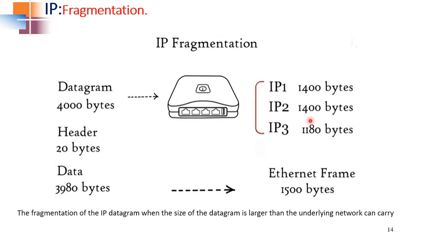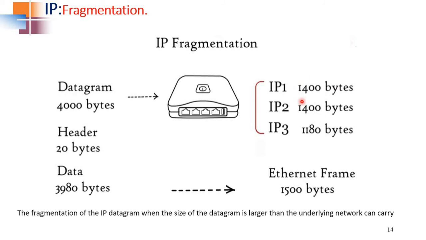If I add all these values together, 1400 and 1400 is 2800, and the rest is added with the 1180. So the original value is 3980. We are trying to divide the luggage into equal values.